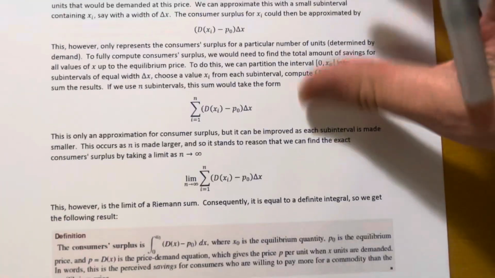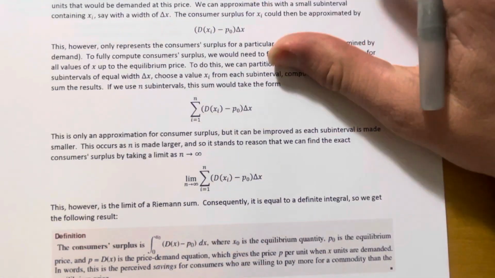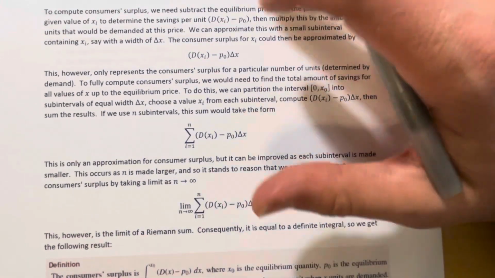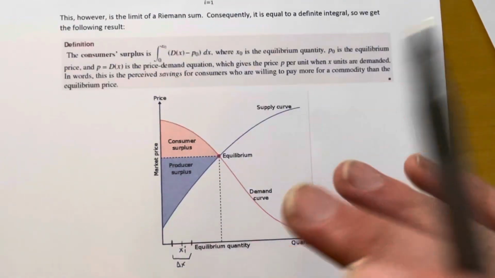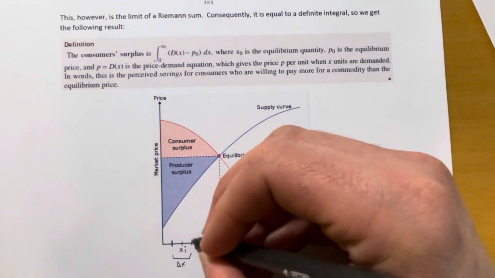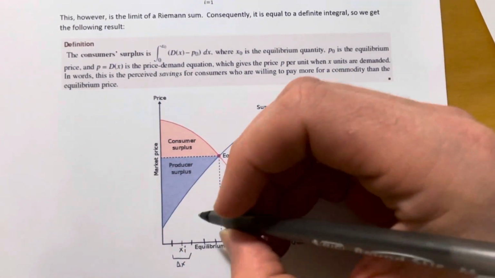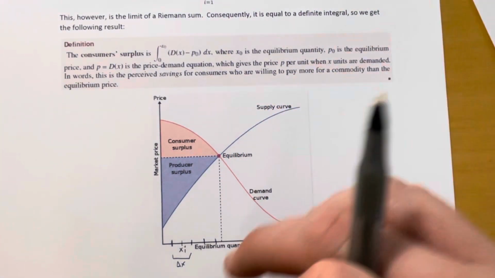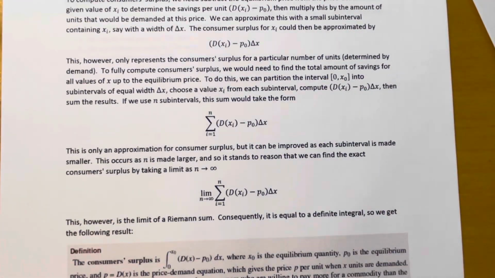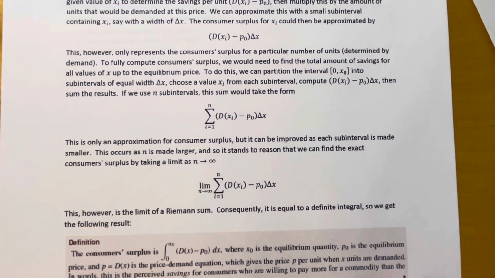And so instead of just considering this one level of quantity, we want to do this for a bunch of subintervals that we can approximate here. Okay, so if we compute this consumer surplus for all of these different subintervals and then add them up, we're getting the total amount of consumer surplus.